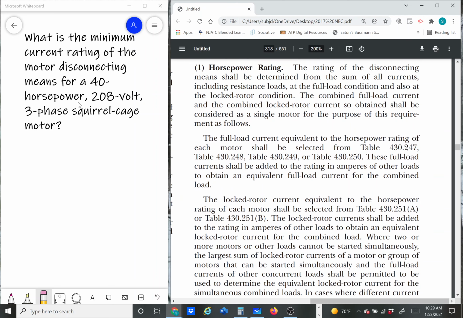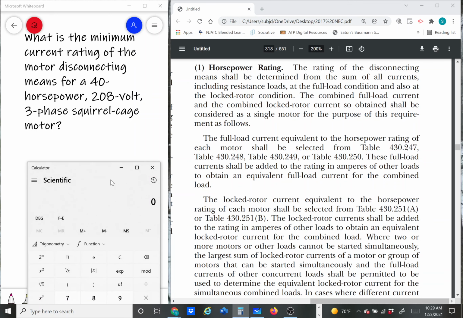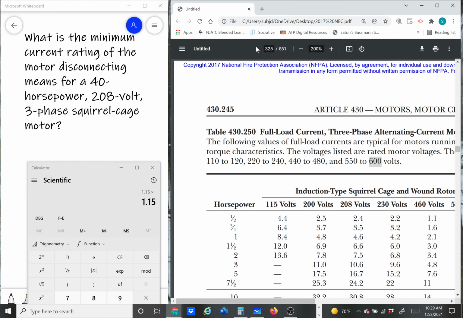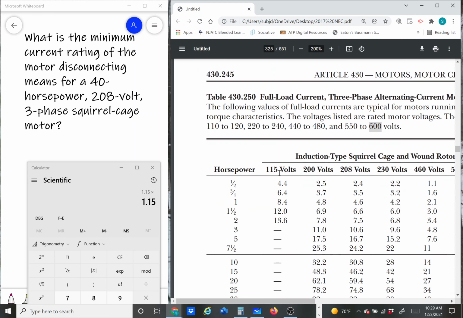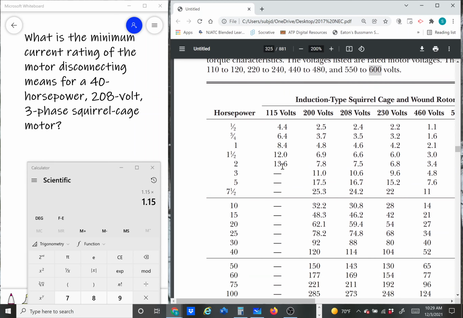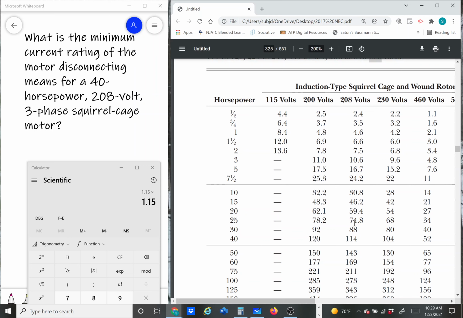So again, going back to our question, we know that we're going to multiply by 115%. So we will bring up our calculator. We'll start off with 115%, and we're going to multiply that by the table amps that we find. This is a 3-phase motor, so that's going to be 430.250. When we go there, we're going to find a 40 horse 208 volt.